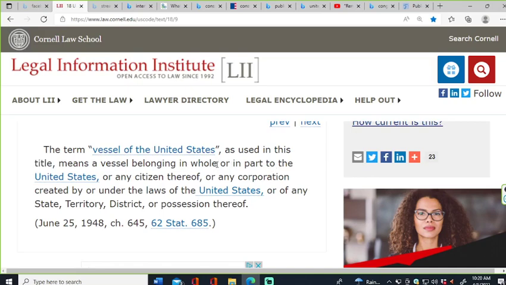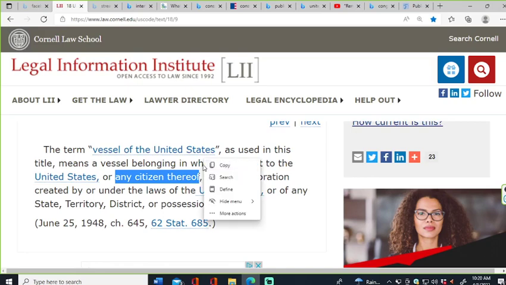So it's in whole or in part, meaning they either have a whole interest or a part vested interest, part or part sale to the jurisdiction. And then it says, or any citizen thereof. So it's either in whole or in part to any citizen. So a citizen is a creature of the United States, right?